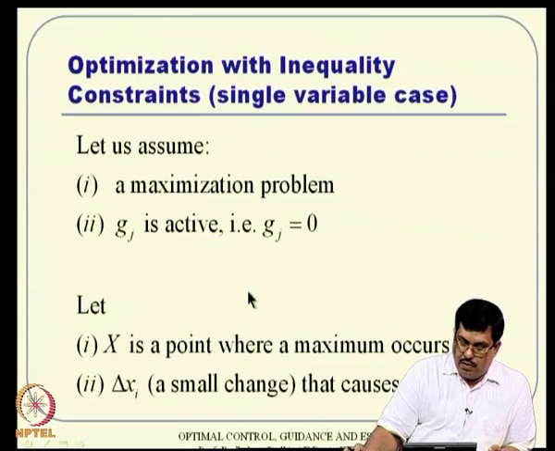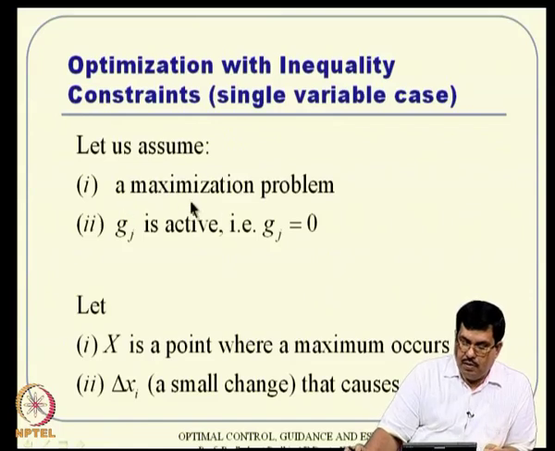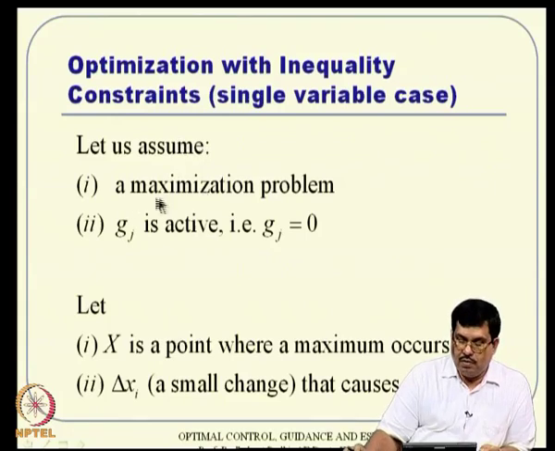Alright. So, to consider this analysis further, let us talk about a typical case, a typical maximization problem. Remember, we are not considering a minimization problem, we are considering a maximization problem, and g j is active, that means g j is equal to 0. How do we conclude what is happening in that situation?